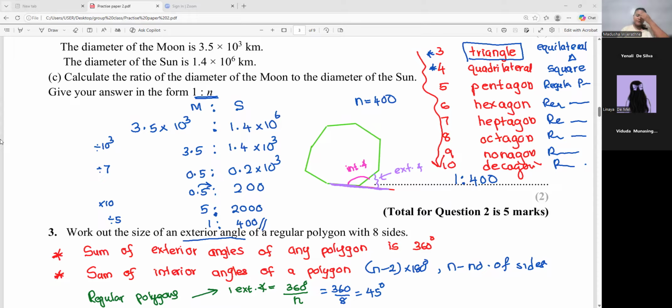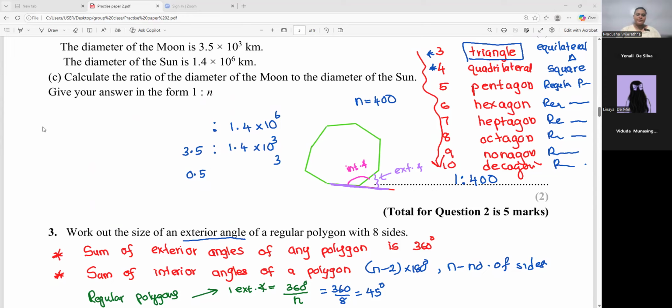So we have a basic theorem in geometry: angles in a straight line add up to 180. So we can use it here. The interior angle and exterior angle are both on the same line, so the interior angle plus the exterior angle also add up to 180.